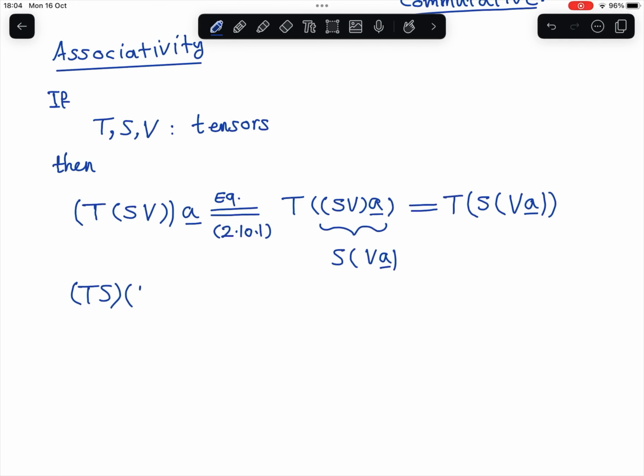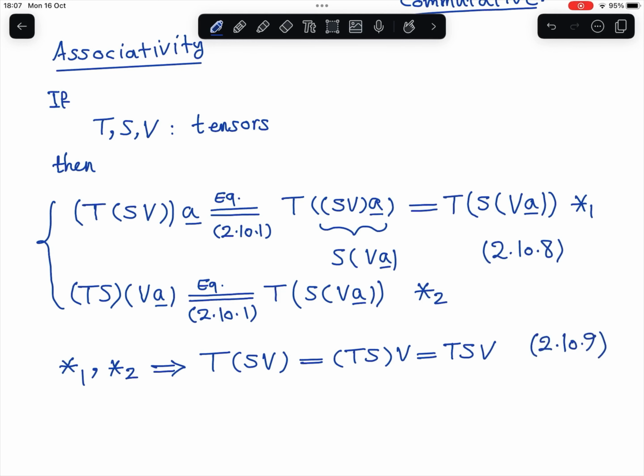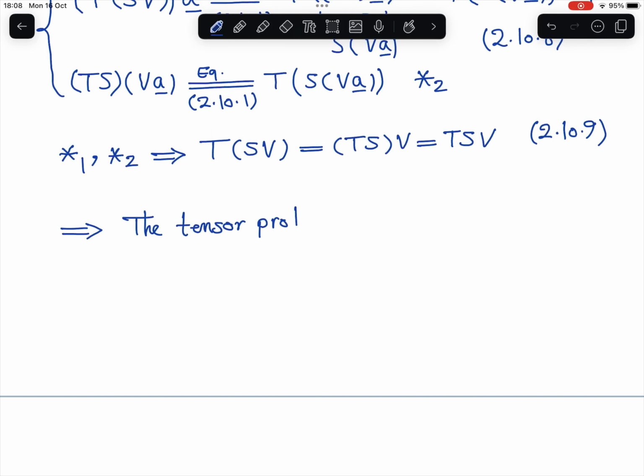Also, TS applied to VA from the above definition is equal to T applied to the result of the product of SV and A. Star 1 and star 2 imply that. Therefore, the tensor product is associative.